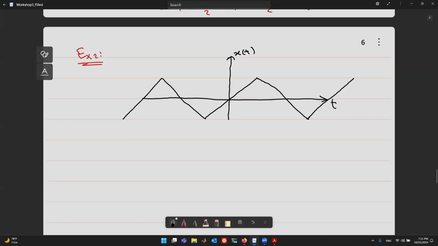It's a periodic signal. We have here, this point is 1/2. This point is minus 1/2. And this point is 1. This point is minus 1.